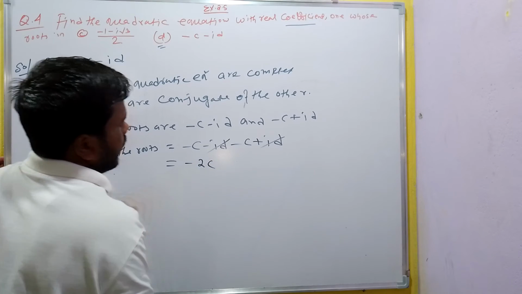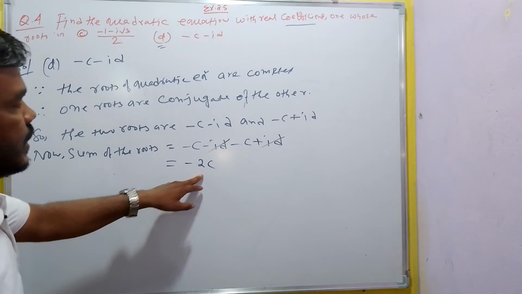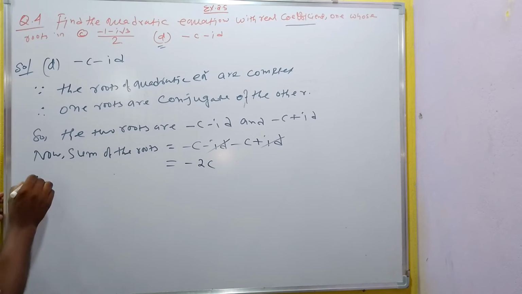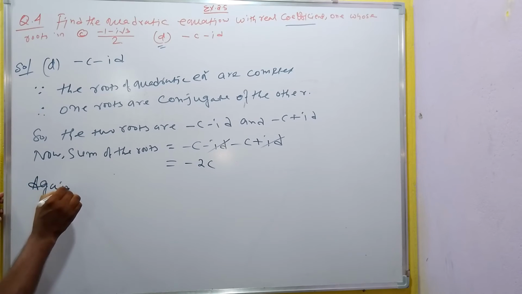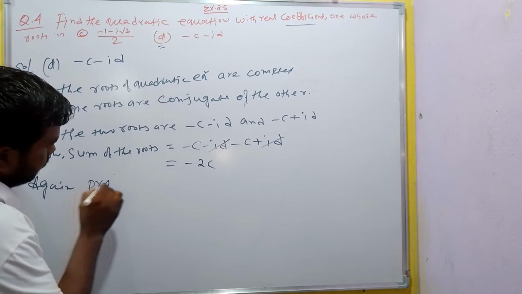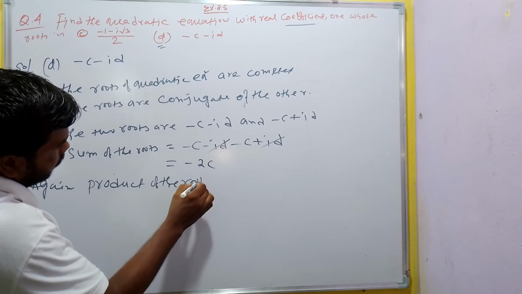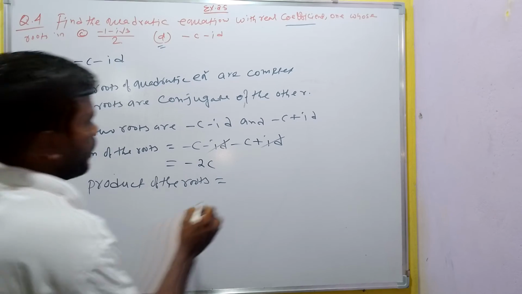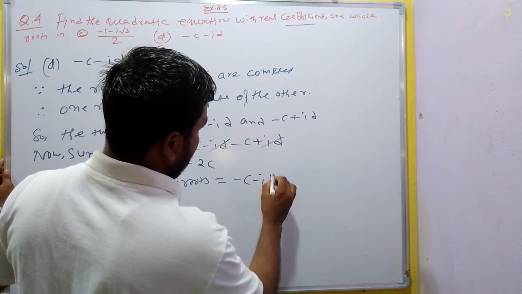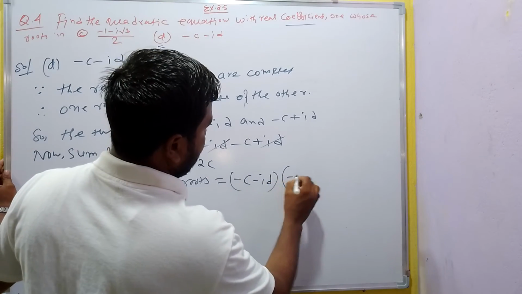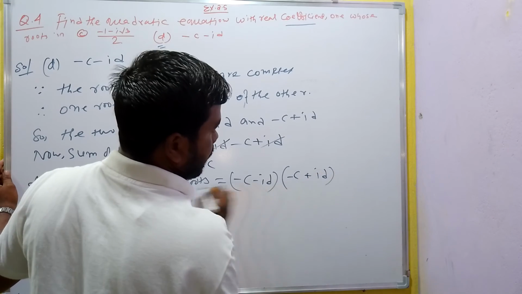Then you got -2c. Again, the product of the roots is (-c - id) times (-c + id).